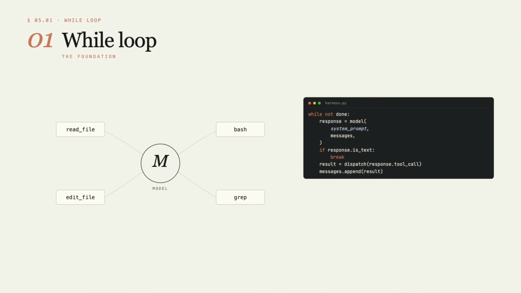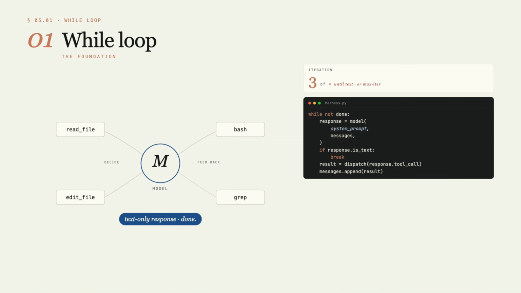Okay, so the first component is the while loop. This is basically the foundation. It's the outer iteration loop. The harness is at its core a while loop. The model reads its system prompt, decides which tool to call, runs the tool, feeds the result back into the context, and loops again.